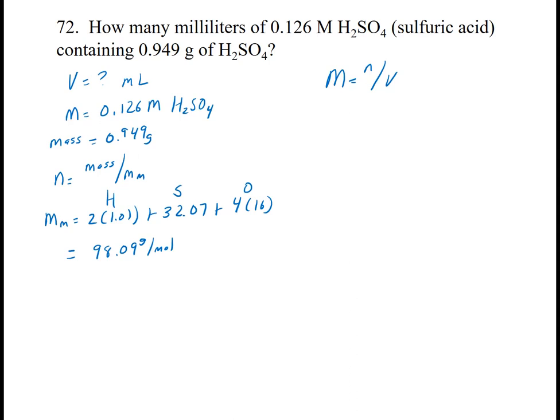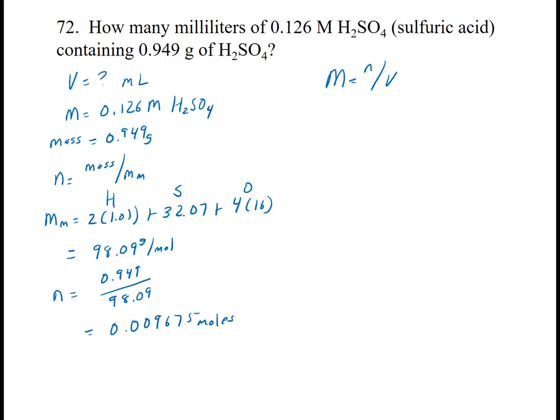So now I'm going to go back to this formula that my N is 0.949 divided by 98.09. You see I have 3 significant figures, so I'm going to carry 4. When I do this, I get 0.009675 moles.